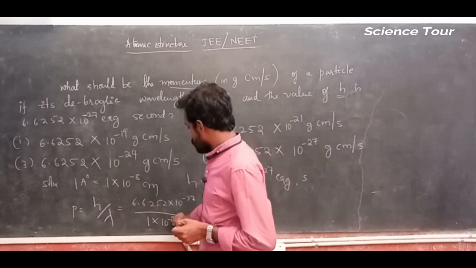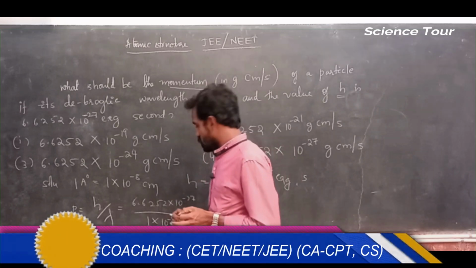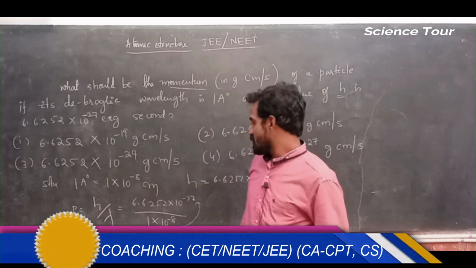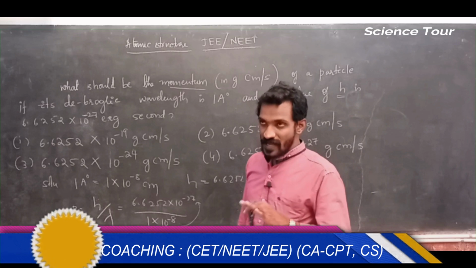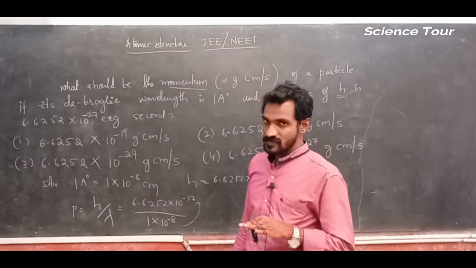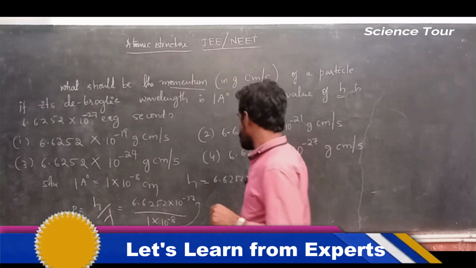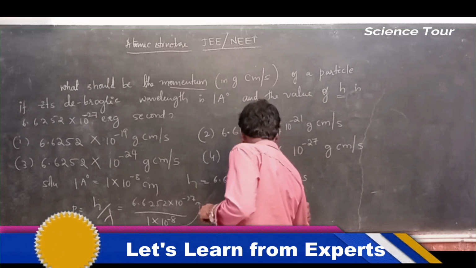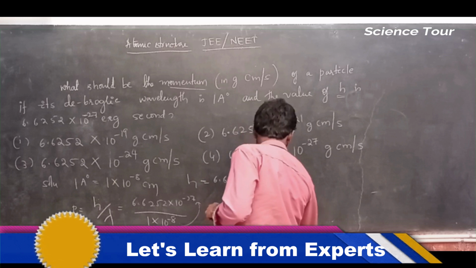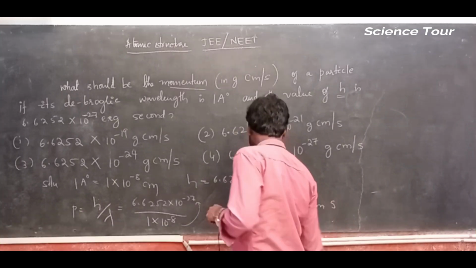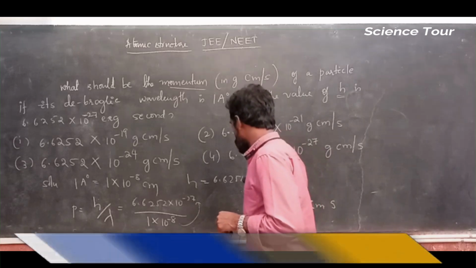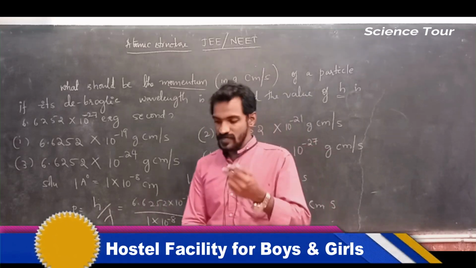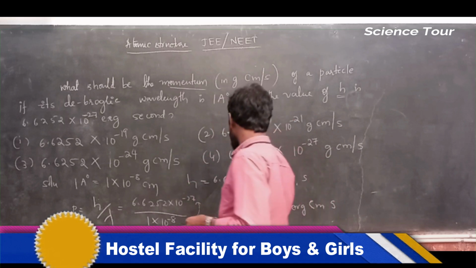While taking this 10 to the power minus 8 up, it gives 10 to the power plus 8, so minus 27 plus 8 is minus 19. 10 to the power minus 19 gram centimeter per second, you are getting as the answer. And you have to sort out this part, 6.6252 divided by 1, the answer is 6.6252.